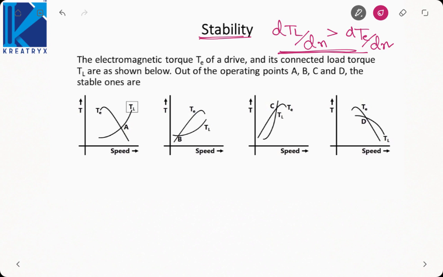See, in the first curve at A, this will be the slope of dTL by dN. But the slope of dTe by dN is negative because it is decreasing. We know a negative value is always less than a positive value. Hence, point A is stable. The slope of the load torque curve is positive, whereas the electromagnetic slope is negative.